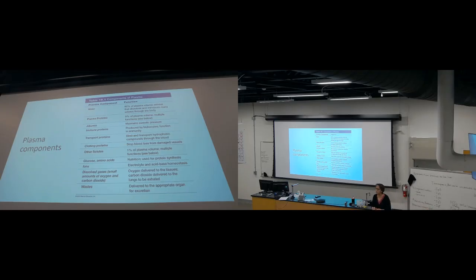So if someone has increased level of BUN, then the person has problems. This urea is eliminated by the kidneys. So if someone has renal failure, more than likely, if they don't have dialysis, it will lead to azotemia. So those are examples of wastes.